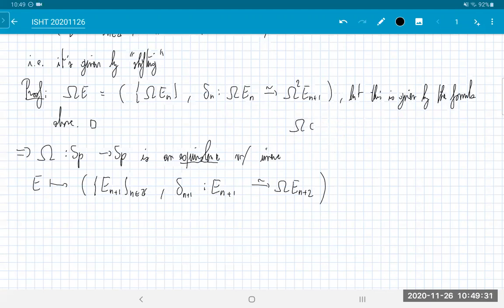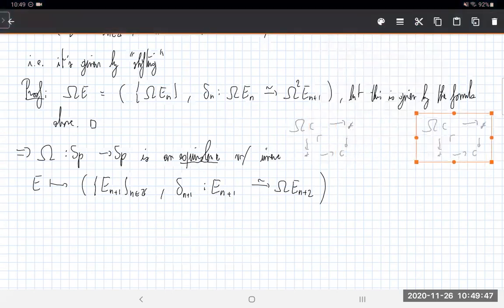No, sorry. Omega E, remember, is the pullback of this, as we saw that pullbacks are computed level-wise.